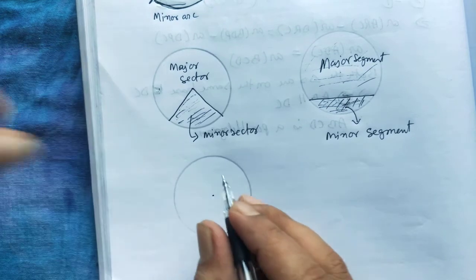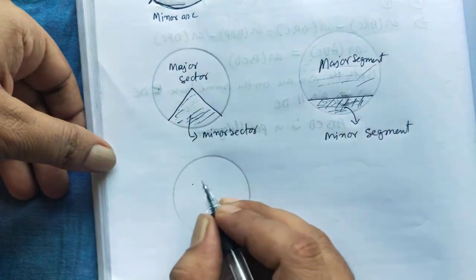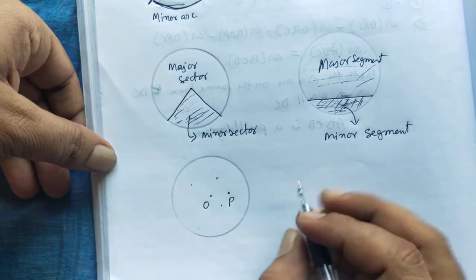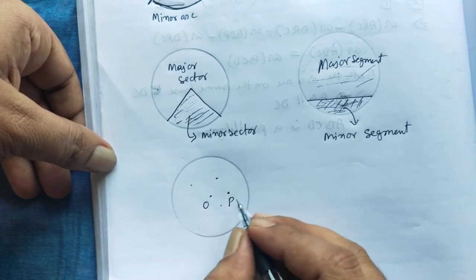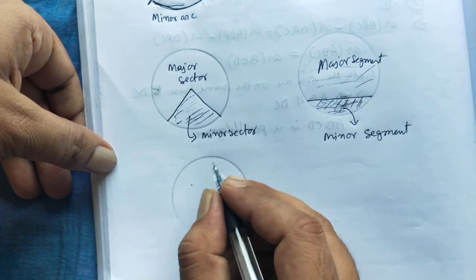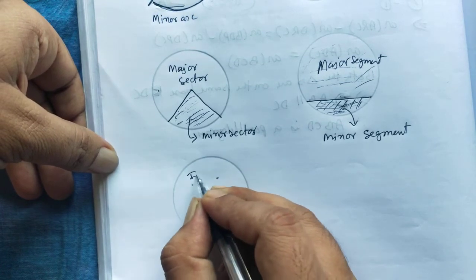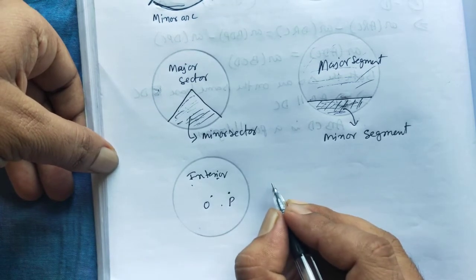You also have to know that the plane of a circle is divided into three parts. Some points will be inside the circle. Suppose a point P is here inside, and this center is O. So this is the interior part of the circle. So it has three parts. Anything inside the circle is called the interior of the circle. Anything outside the circle is called exterior.